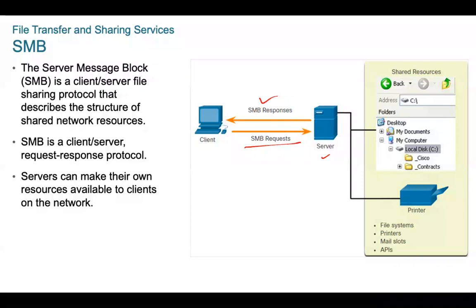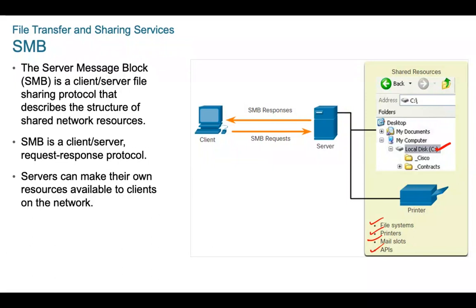This protocol describes the structure of shared network resources, such as the different directories in the network resources: files, printers, serial ports, the file system, mail slots, APIs, or which directories are in shared mode so that anyone can access them.